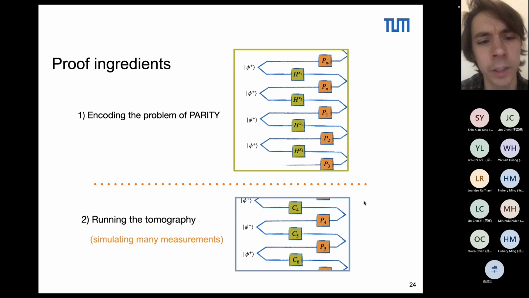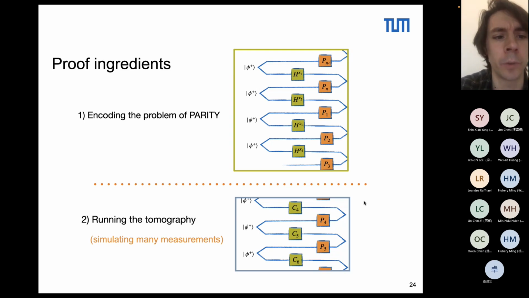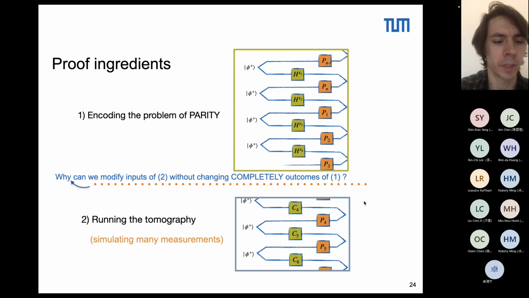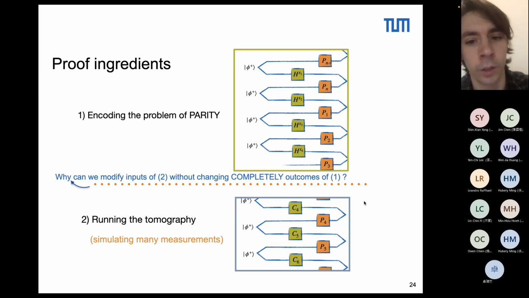A priori, it's not obvious how to separate these two parts, meaning that if we modify the inputs of the tomography, it could completely change the outcomes of the problem on top. The first step gives a quantum state, and we want to simulate many measurements on this quantum state.